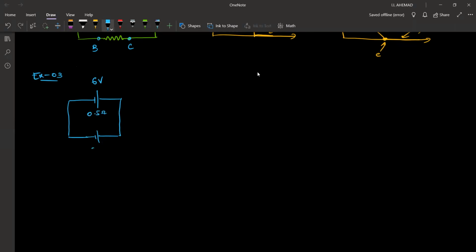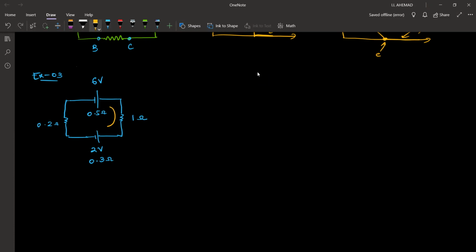The second battery has EMF 2 volts and an internal resistance of 0.3 ohm. Two resistors are connected on either side as shown: 1 ohm, and on the other side 0.2 ohm.